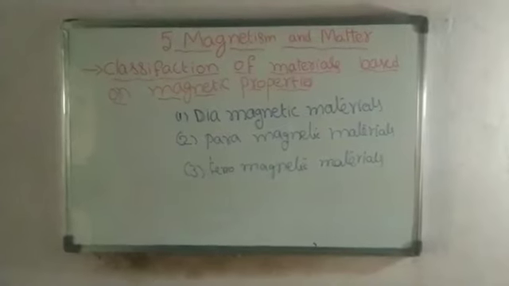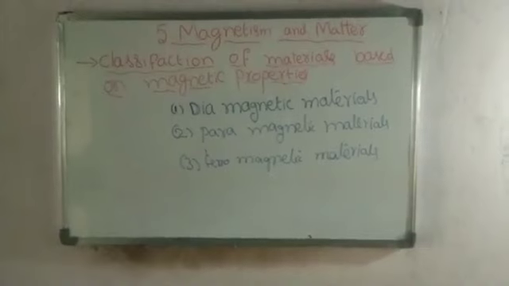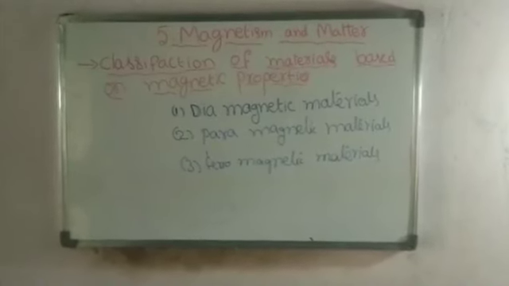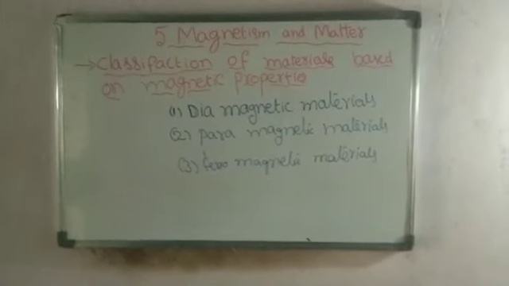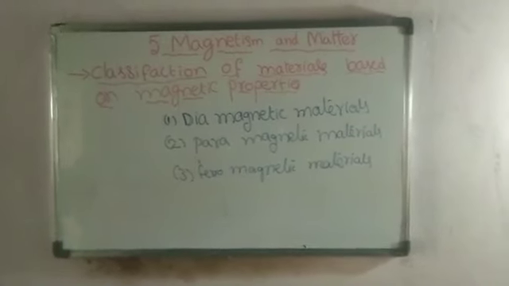Depending upon the magnetic properties, the materials can be classified in three ways. The first one is diamagnetic material, the second one is paramagnetic material, and the third one is ferromagnetic material.